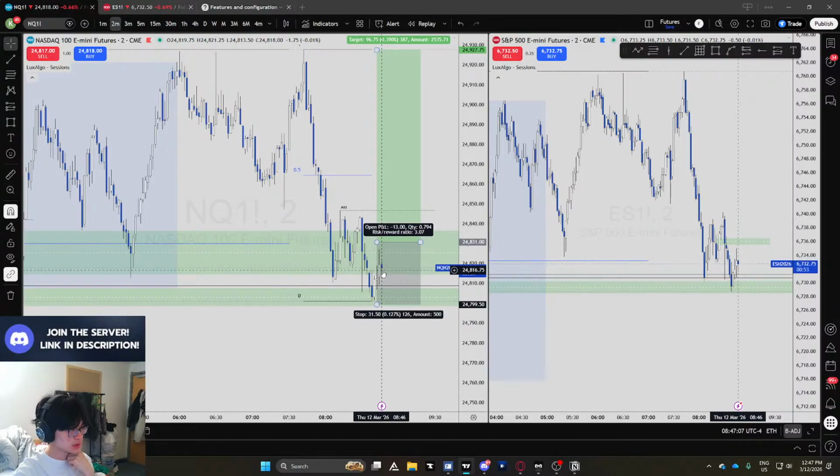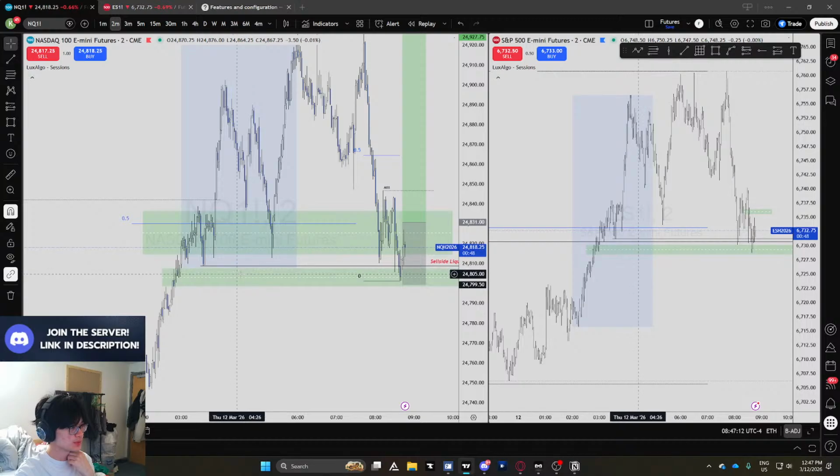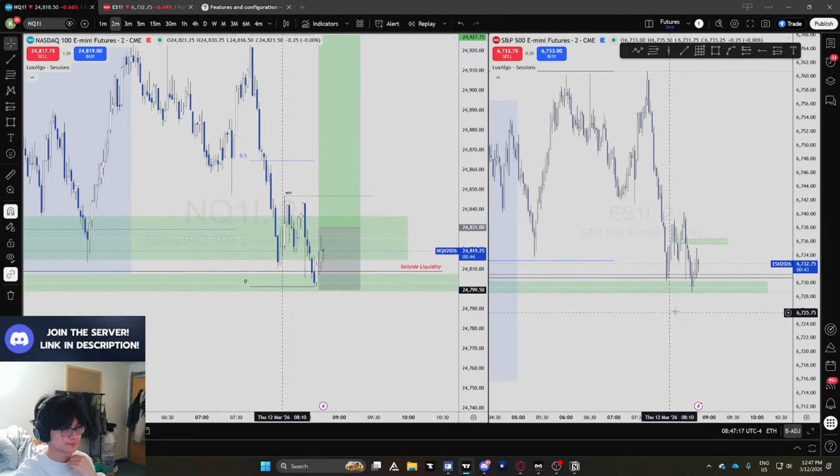$56 into the close, and I want to see displacement above that. We're already displaced above that sweep, so it's looking pretty good so far.